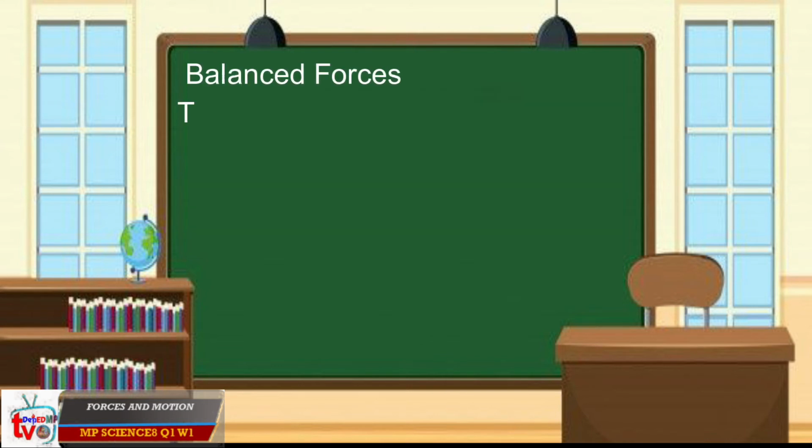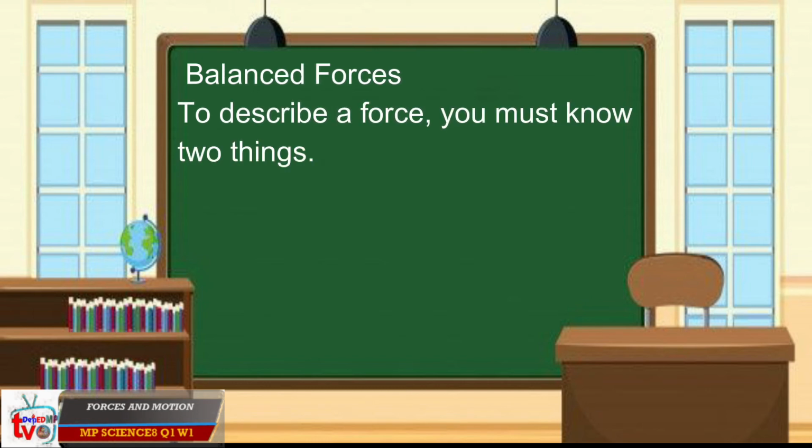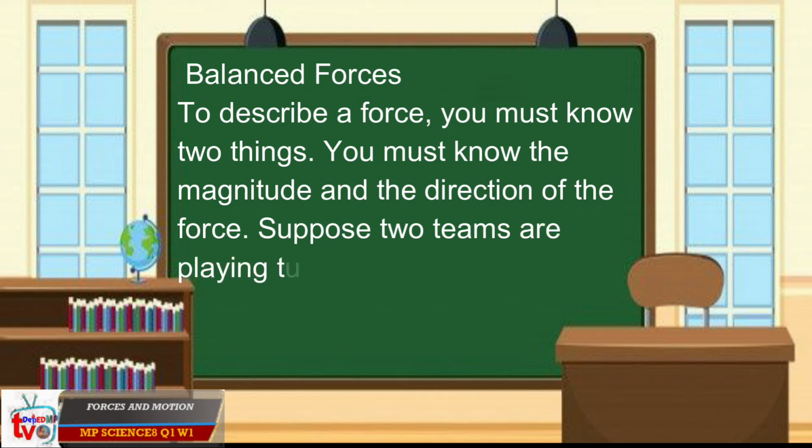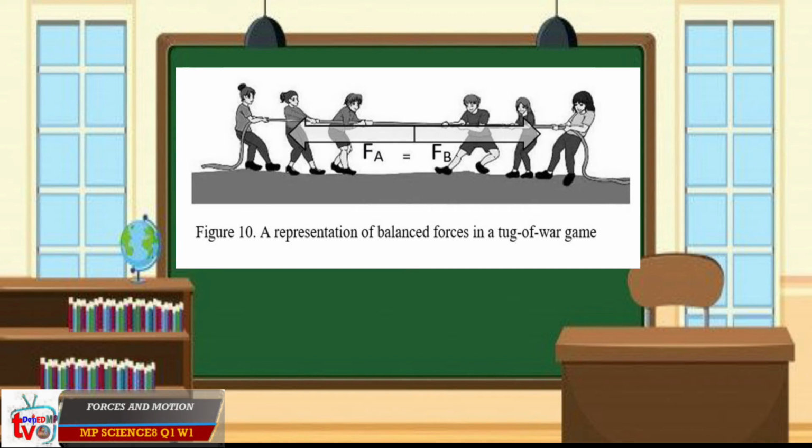Balanced forces. To describe a force, you must know two things. You must know the magnitude and the direction of the force. Suppose two teams are playing tug of war as shown in Figure 10. Each team is pulling with equal magnitude of force, FA and FB, on the rope but in opposite directions.